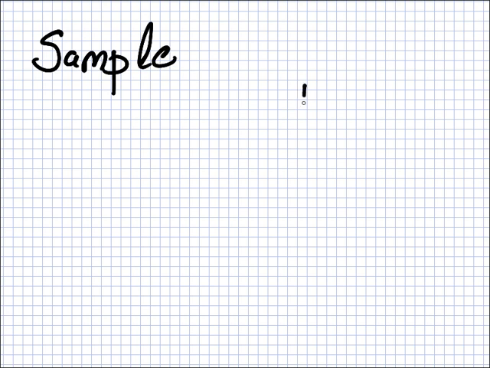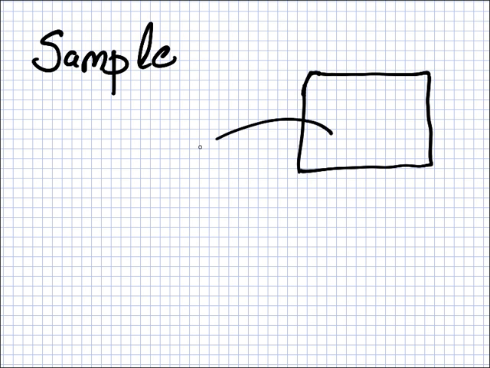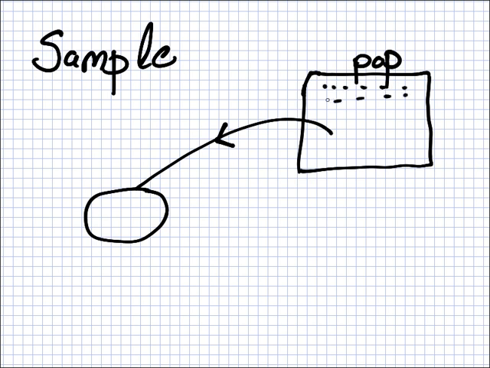Okay, so the next thing we want to talk about is sample. So, we know in real life, when we have a population, we can't look at everyone in the population because there's just too many people.